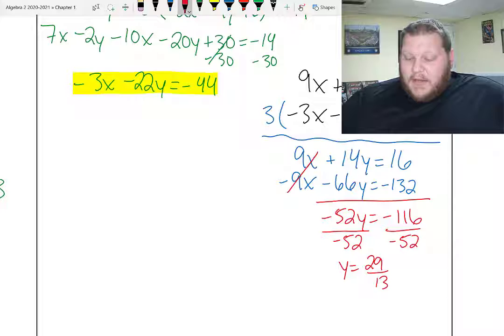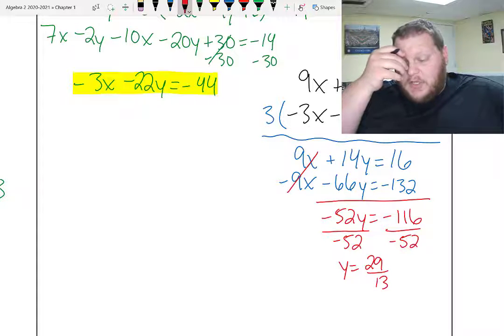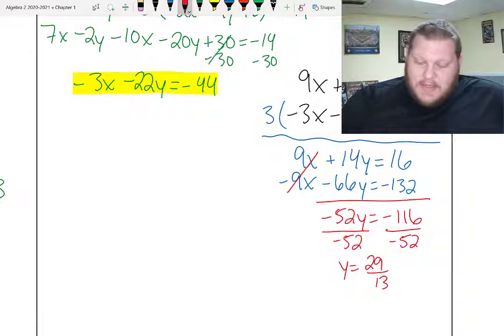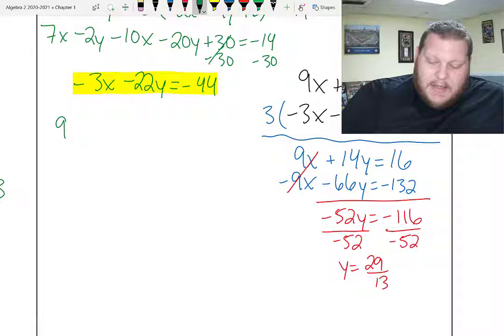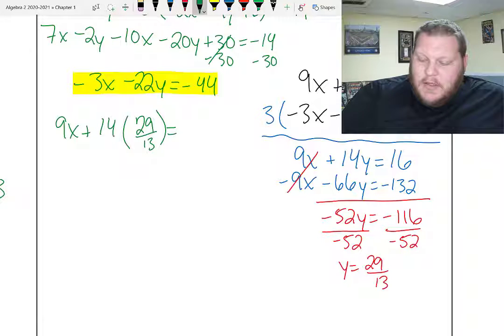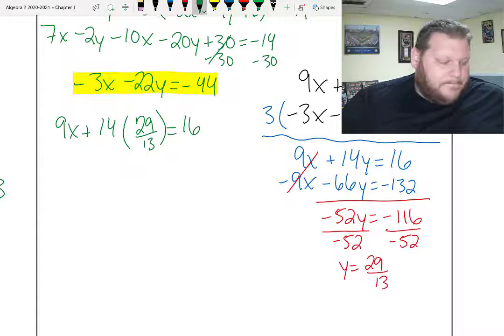So now that I have my y value, I can go back to one of my equations to solve for x. I'm going to use the top equation in this case, just because it's a little bit simpler to work with. So 9x plus 14 times 29 over 13 equals 16.